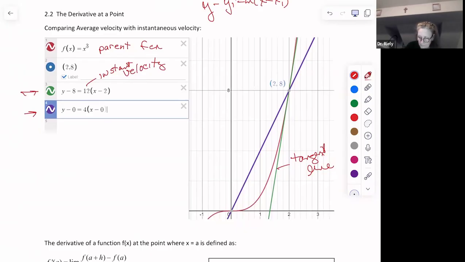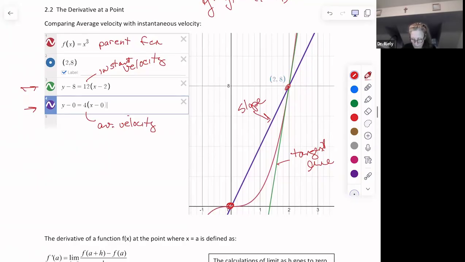Whereas the blue line, they took the secant line and figured out the slope of this line between those two points. That's your average velocity. If you were just dealing with average velocity, you wouldn't appreciate how fast it's moving at 2.8. Instantaneous is 3 times as fast. That's how they relate the two.